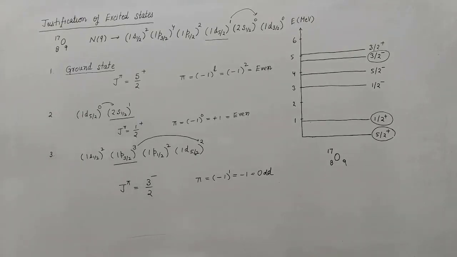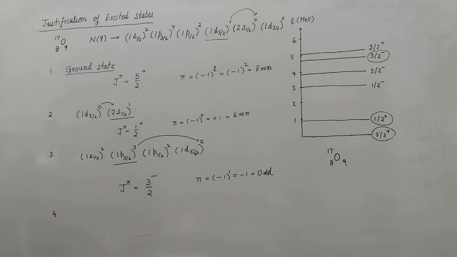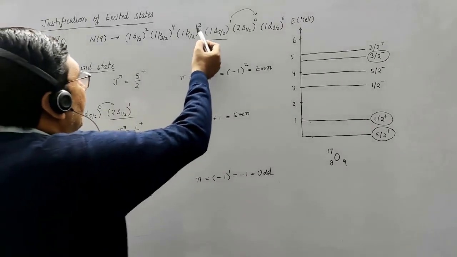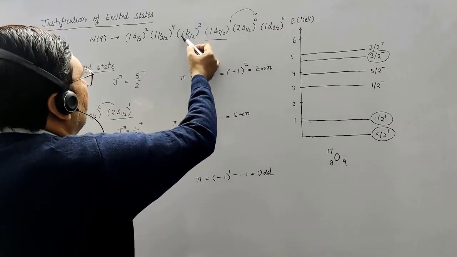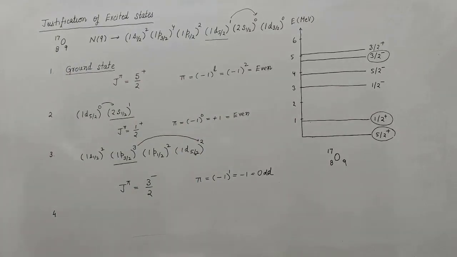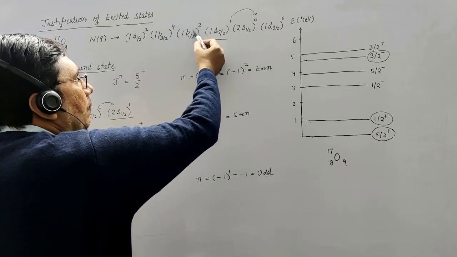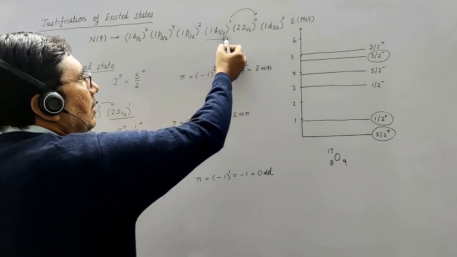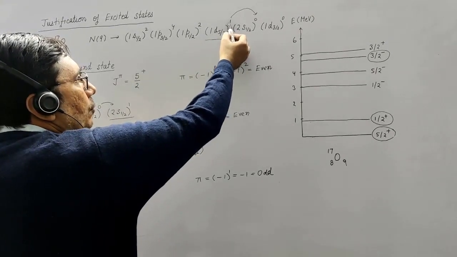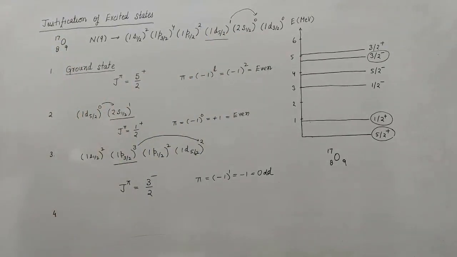Now, come to another case. Suppose the next excited state. How can you find the next excited state? Suppose here in 1p 1/2 we have a pair of neutrons. If this pair breaks and one of the neutrons jumps from 1p 1/2 to 1d 5/2, then the 1d 5/2 will have two, so they will be paired up, and the unpaired one will be here in 1p 1/2.